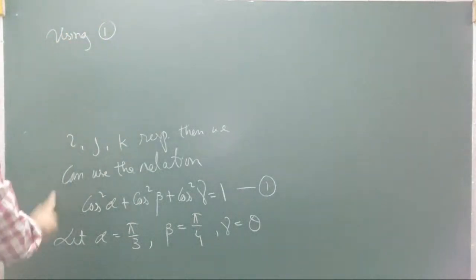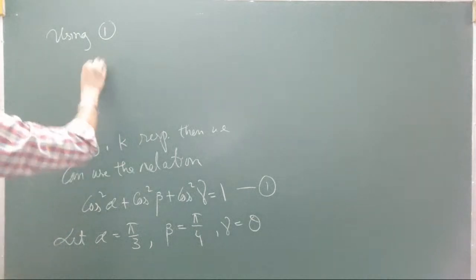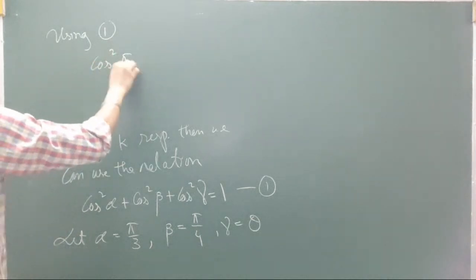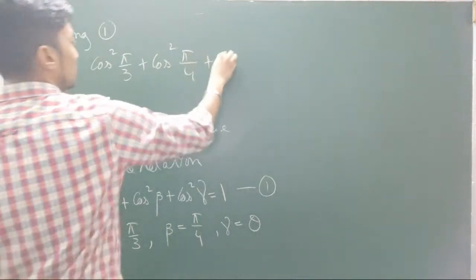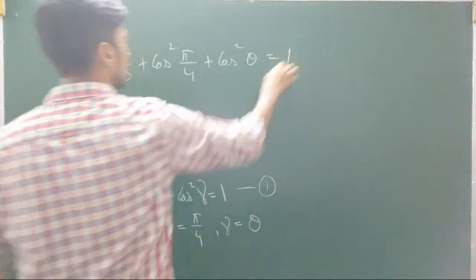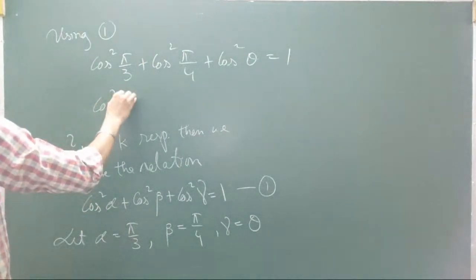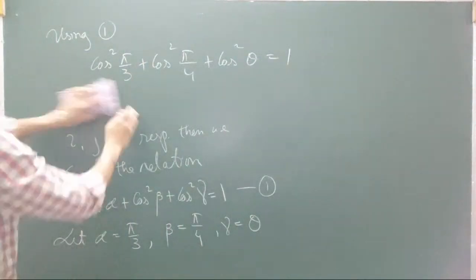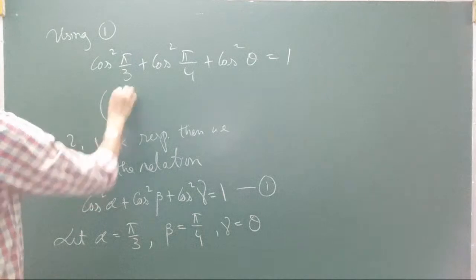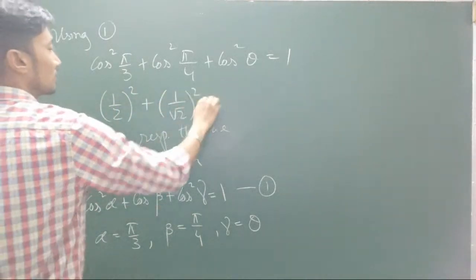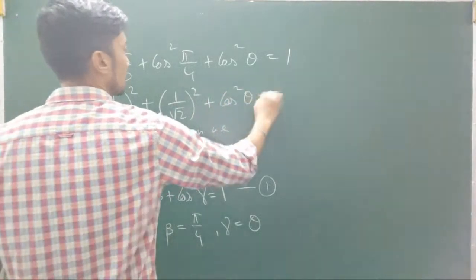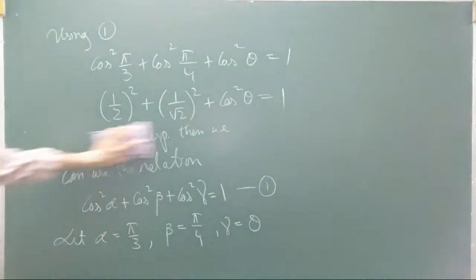In the exams, write this down also, it's going to be important. Using 1, we have cos square pi by 3 plus cos square pi by 4 plus cos square theta equal to 1. That's cos 60, 1 by 2 whole square, plus cos 45, 1 by root 2 whole square, plus cos square theta equal to 1.